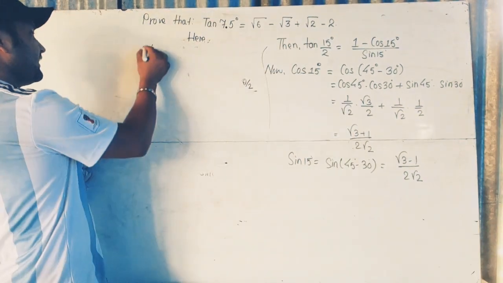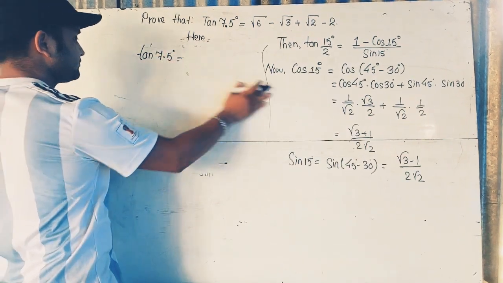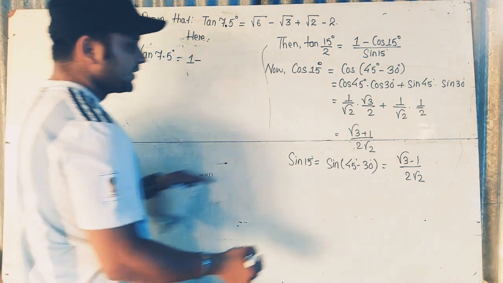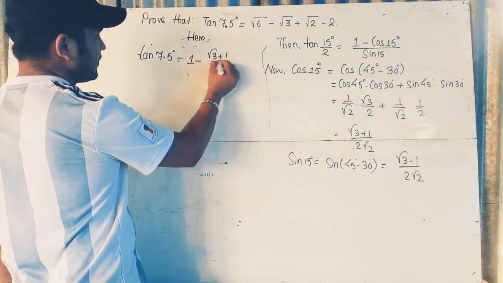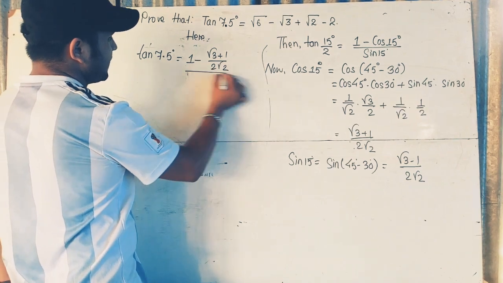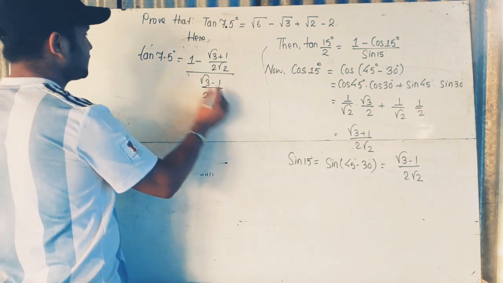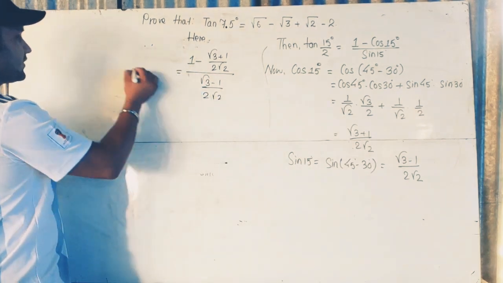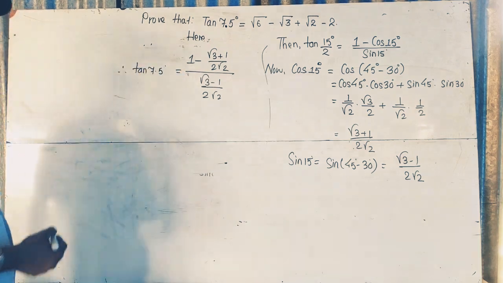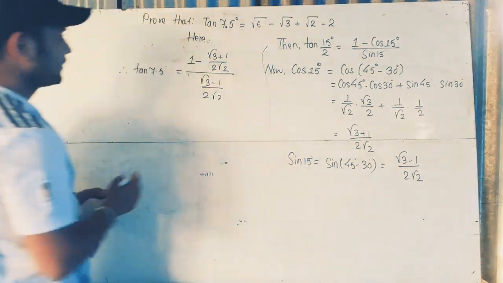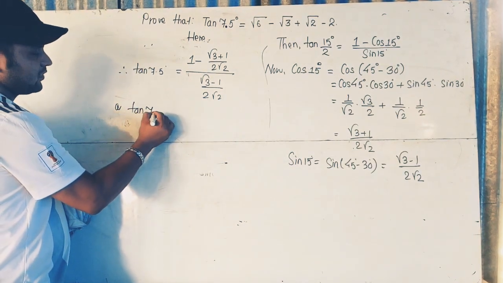So we can write that tan 7.5 degree equals 1 minus the value of cos 15 degree, which is root 3 plus 1 by 2 root 2, by, in the denominator, root 3 minus 1 by 2 root 2. So we got here tan 7.5 degree. Now we have to keep on solving this until we get the final form.